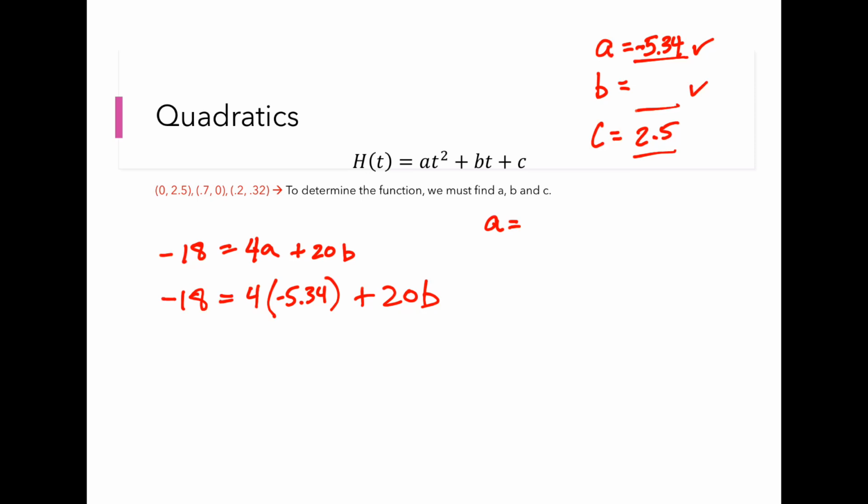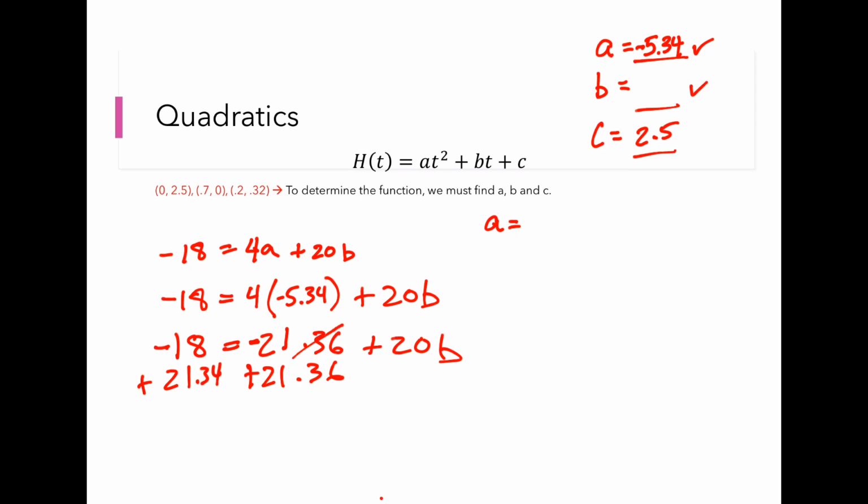We substitute our a value in there and use this to find b. So that's negative 18, and if we multiply this times 4, we get 21.36 plus 20b. Now I solve this for b by adding 21.36 to both sides.